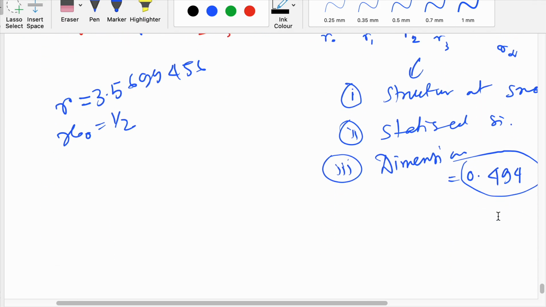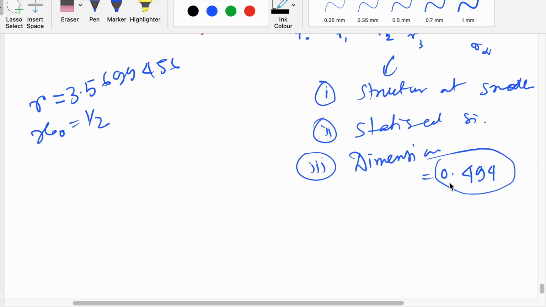The dimensionality remains between 0 and 1, near about 0.5. So the three properties are: the dimension is a fraction less than 1, statistical similarity, and structure at smaller scale. This makes it not exactly, but looking like the Cantor set, so we can say it's topologically similar to the Cantor set.